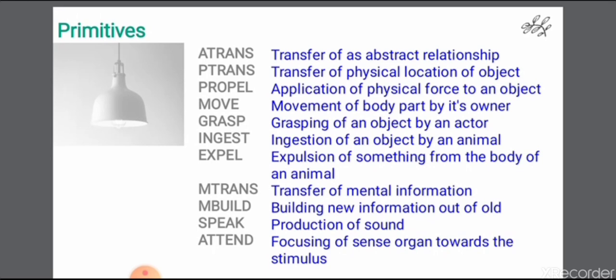It is the transfer of physical location of an object. For example, go, come, etc. The third one, PROPEL. It is the application of physical force to an object. For example, push.